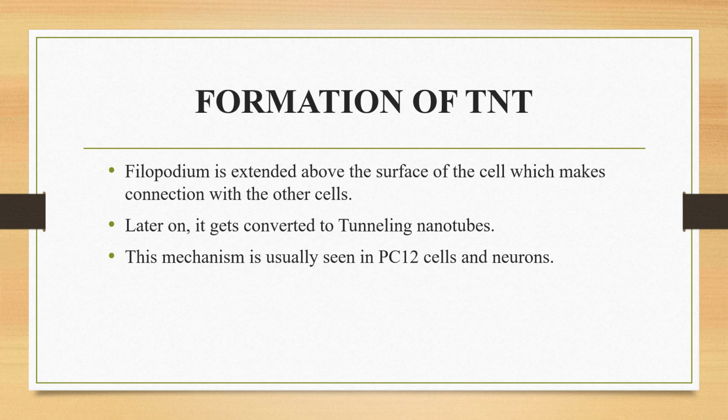Further examination of PC12 cells and TNT formation suggested that while the majority of tubes formed by directed filopodia-like protrusions, a small subset were also able to form after cells previously in contact detached from one another.